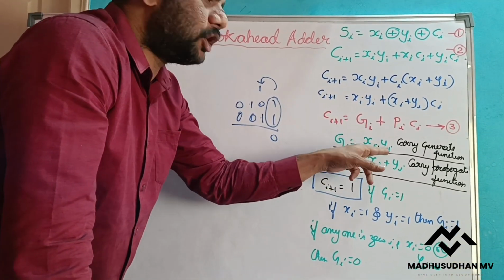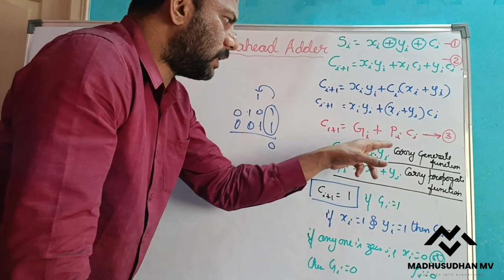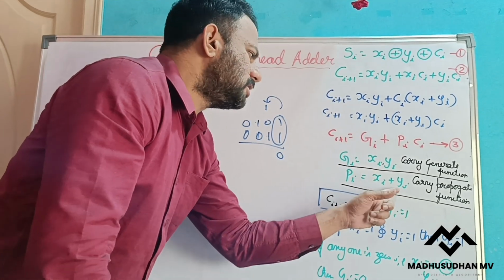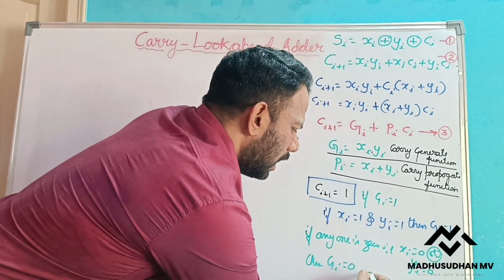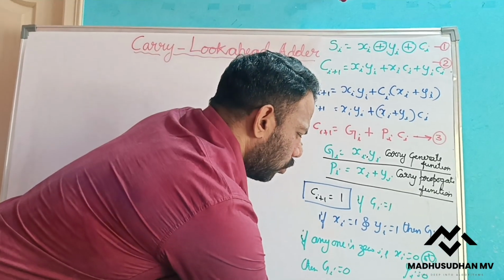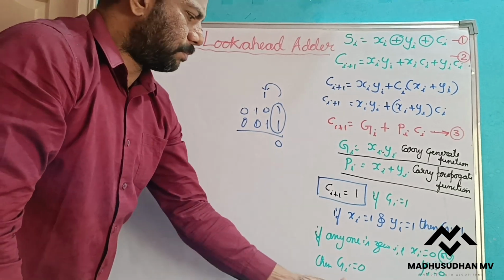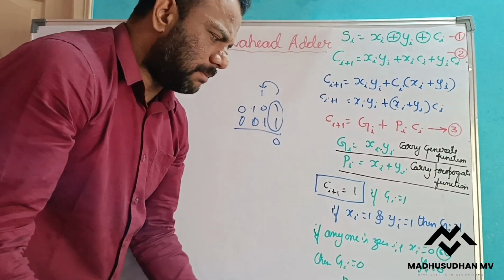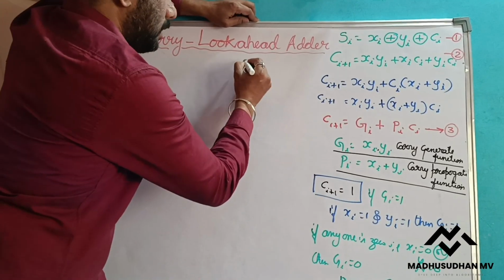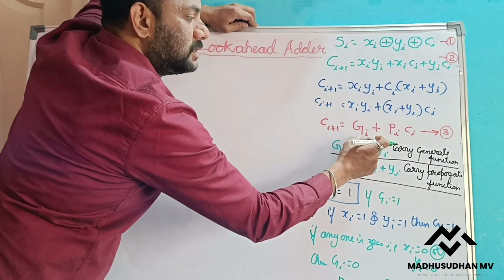If any one is 0, 0 into 1 is 0, or 1 into 0 is 0. But if any one is 1, pi is equal to xi plus yi: 0 plus 1 is 1, or 1 plus 0 is 1. So gi is equal to 0 and pi is equal to 1. Why? Because 1 plus 0 or 0 plus 1 is 1 only. So pi becomes 1. When pi becomes 1, this becomes 0.